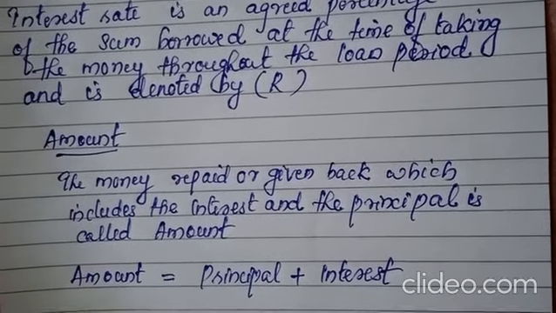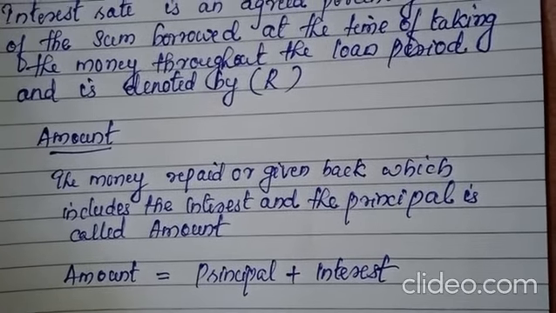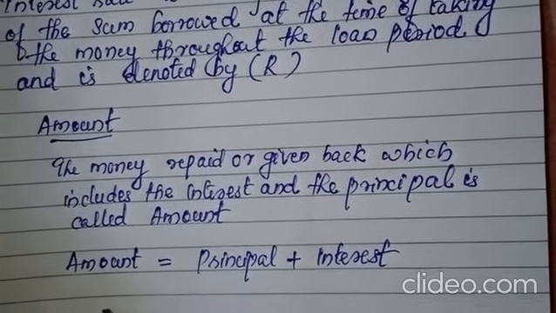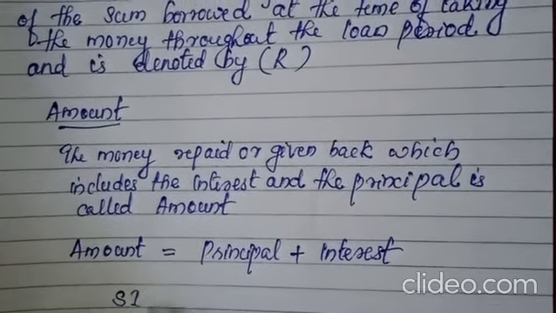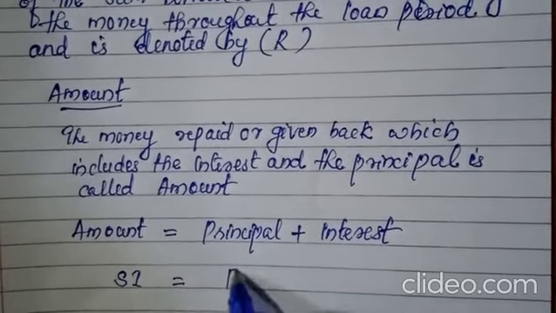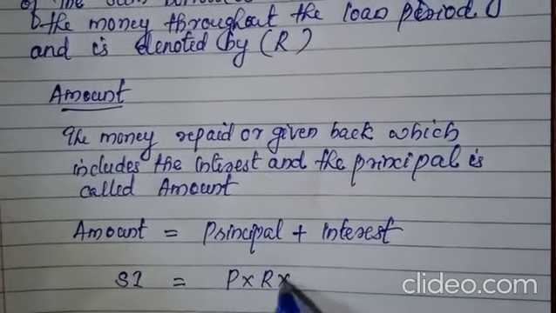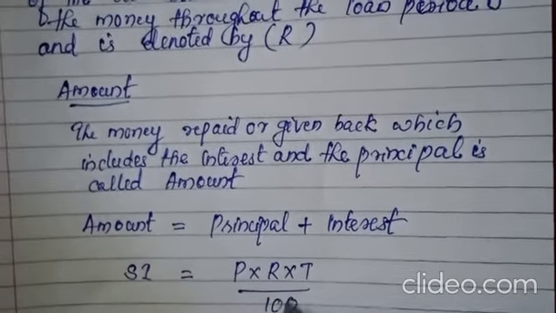So, next we are going to study how to find simple interest. Simple interest is denoted by the short form SI. SI is equal to P into R into T divided by 100.